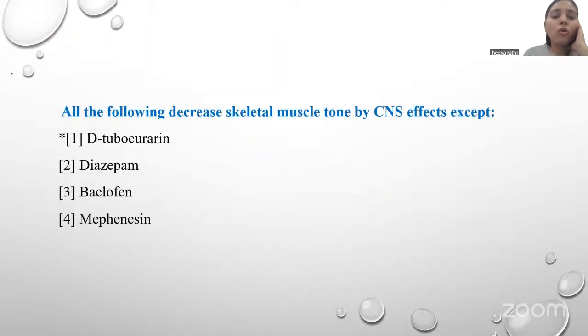Next question: all of the following decrease the skeletal muscle tone by CNS. We have earlier seen that skeletal muscle relaxants are two types, peripherally and centrally acting. Centrally acting ones act through the CNS or the cerebrospinal axis.